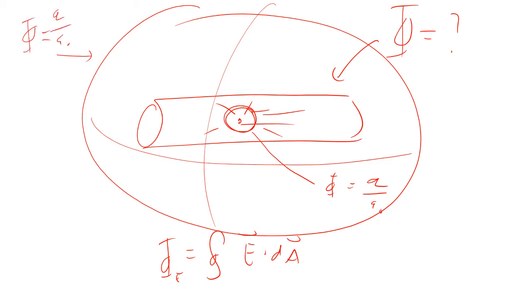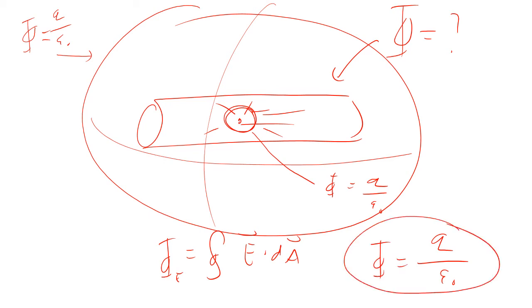So that means the flux through any surface in between is also Q over epsilon naught. So I avoid the bad integral by knowing that I can do these trivial things inside and outside, and it's got to be the same.